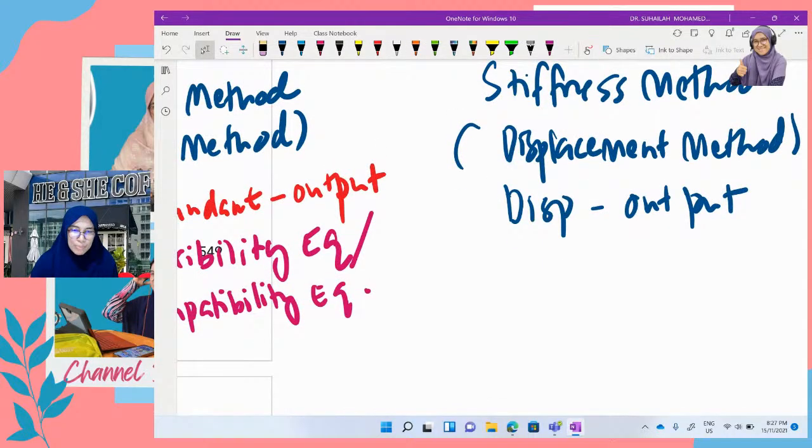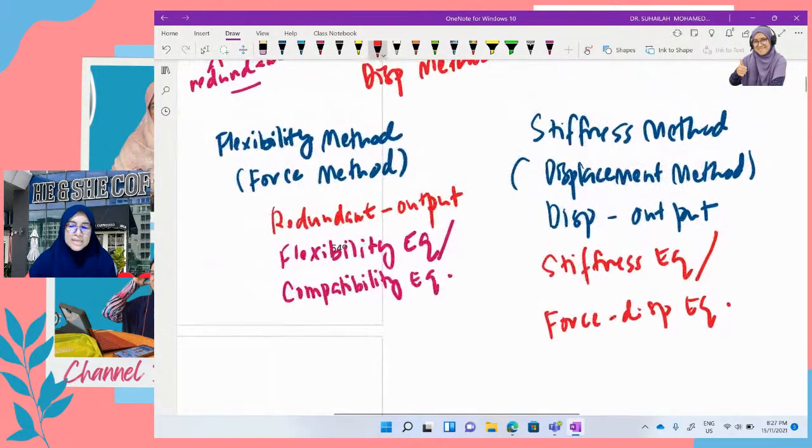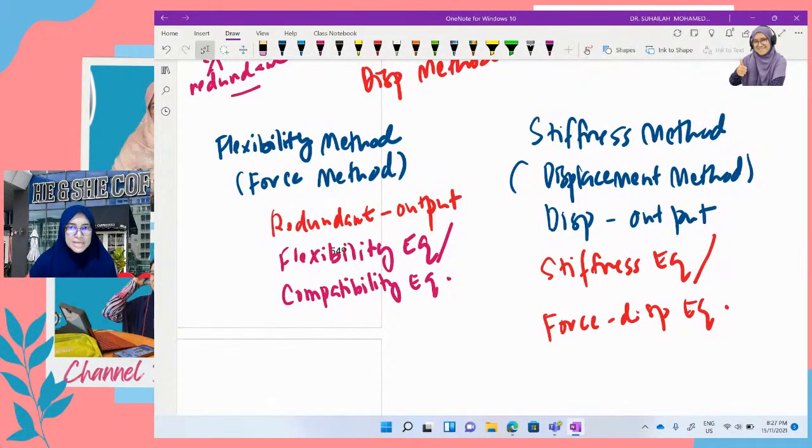We determine displacement using the stiffness equation, which is also called the force-displacement equation. This is actually the difference between the flexibility method and the stiffness method.